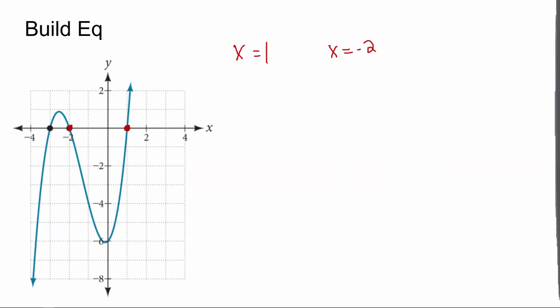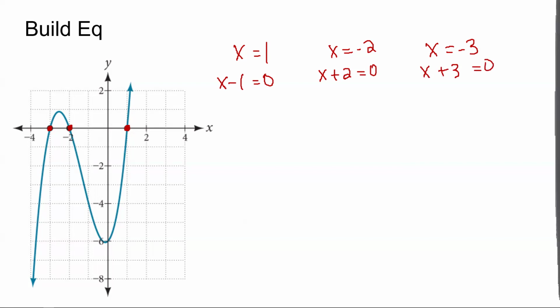And there's a root back here at x equals -3. So if I do that thing we did before, but backwards, if I subtract 1 from both sides, this would be a 0. If I add 2 to both sides, I get a 0. And right here, add 3 to both sides like that.